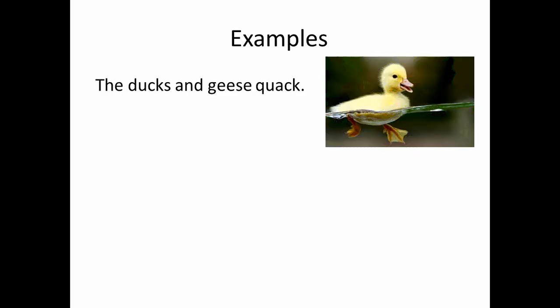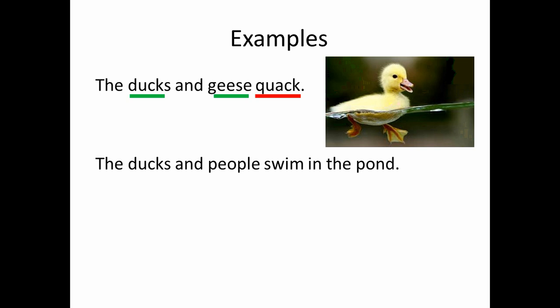Here are some examples. The ducks and geese quack. Who or what is the sentence about? Well, it's both about ducks and it's also about geese. They're sharing that same verb, quack. The ducks and people swim in the pond. Who or what is the sentence about? It's about ducks. It's also about people.